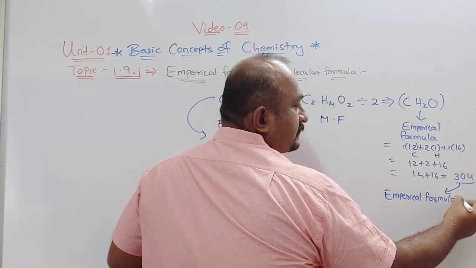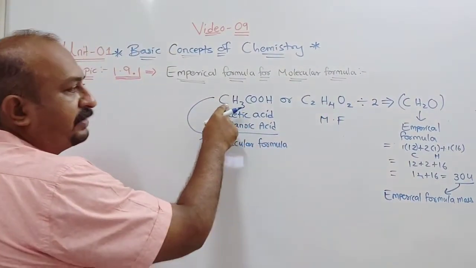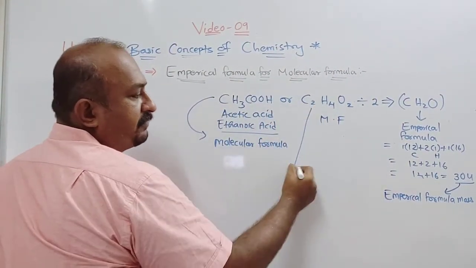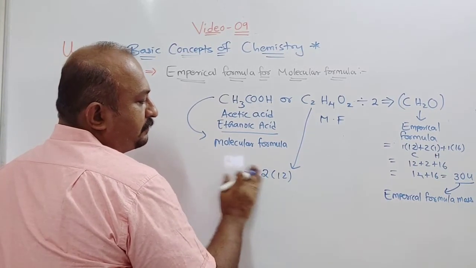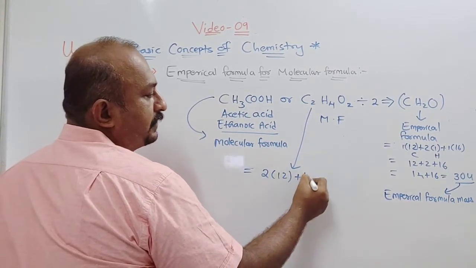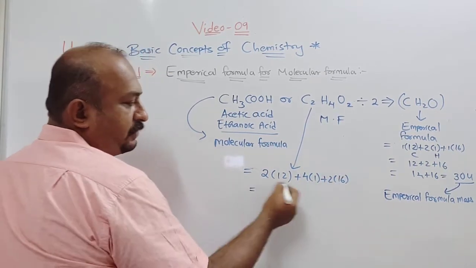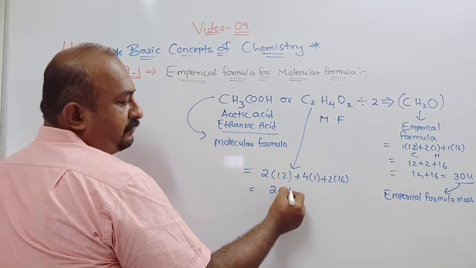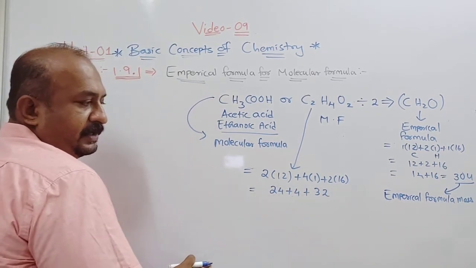formula mass. Understood? Now for this one, if I find out the mass, what is that? 2 into 12 plus 4 into 1, that is for hydrogen, plus 2 into 16. So if you count this, it will be 24 plus 4 plus 2 into 16, which is 32. Understood?